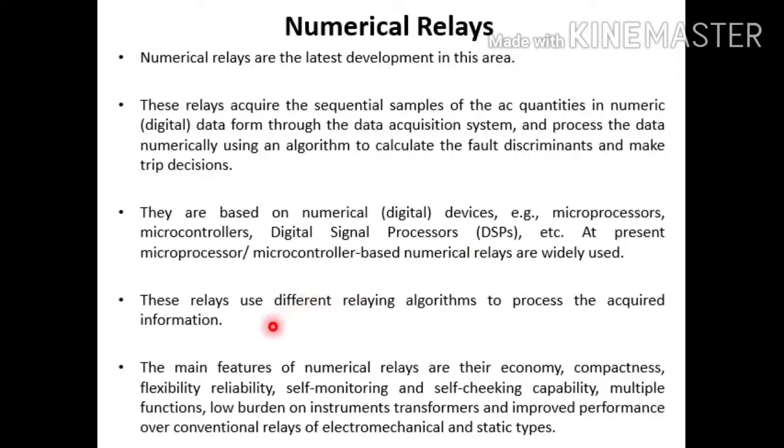So these relays use different relaying algorithms to process the acquired information. The main features of the numerical relays are their economy, compactness, flexibility, reliability, self-monitoring and checking capability, and multiple functions. They have low burden on the instrument transformers and improved performance over the conventional relays of electromechanical and static type.